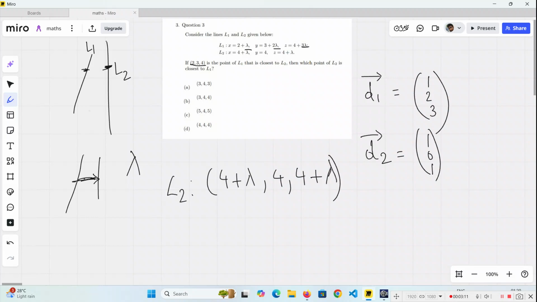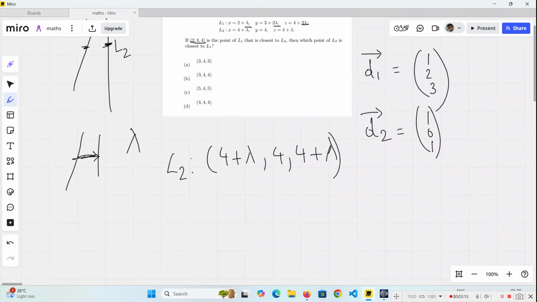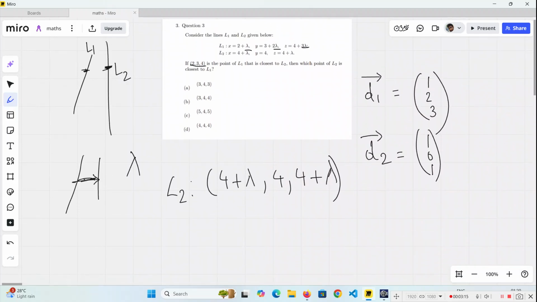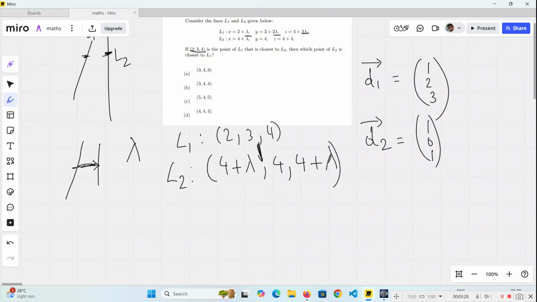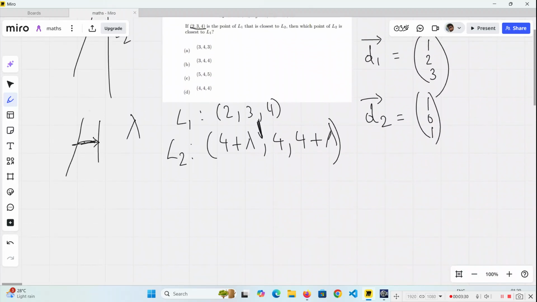Now the vector connecting from that L1 point, that is 2, 3 and 4, to this point.